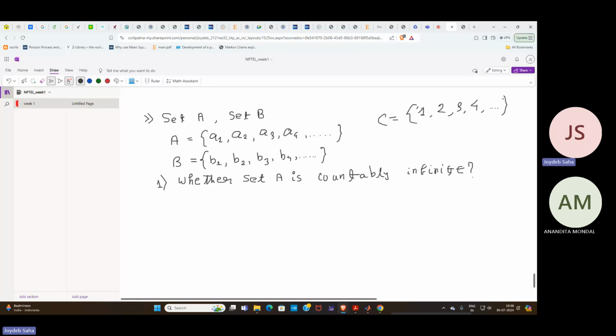Here 1 is a number, A1 is not a number, right? But both are elements of a set. A1 is the element of A and 1 is the element of C, but both are elements. So the first question is whether set A is countably infinite or not. Can you answer this?